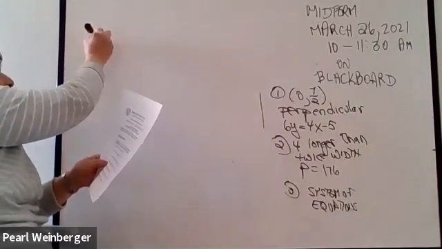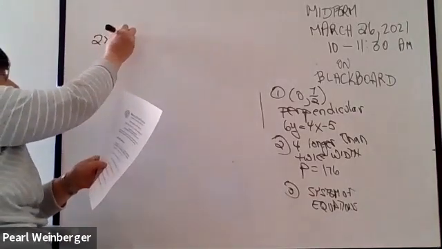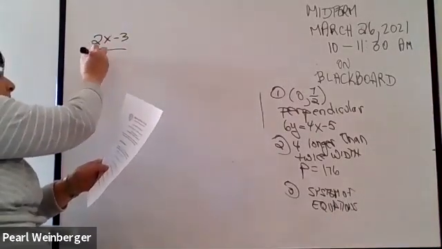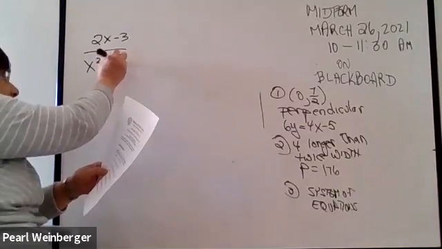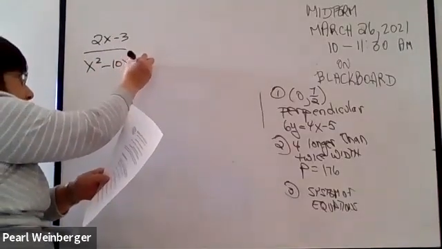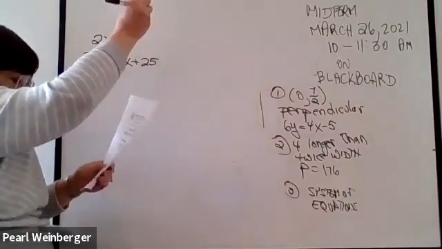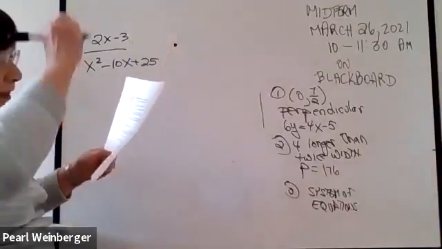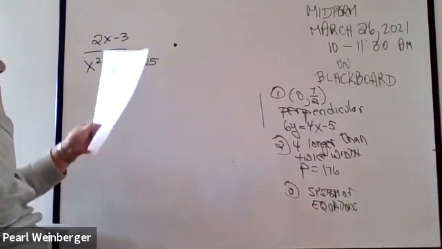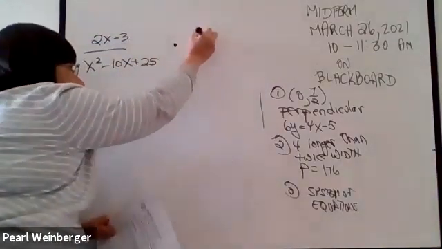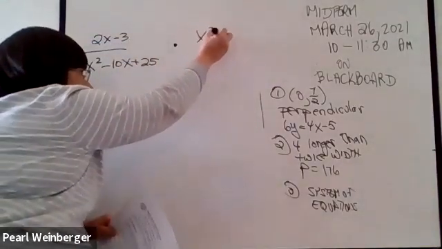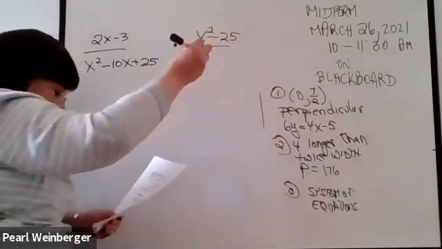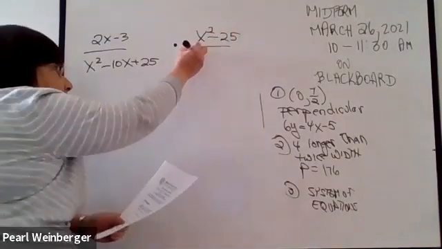It's 2x minus 3 over x squared minus 10x plus 25, times, and you can either use an x or a dot, x squared minus 25 over 10x minus 15.